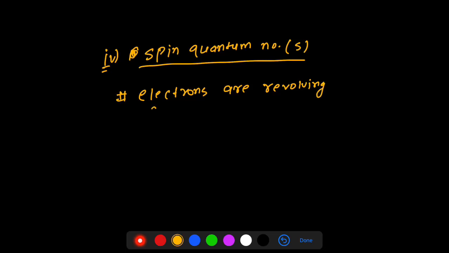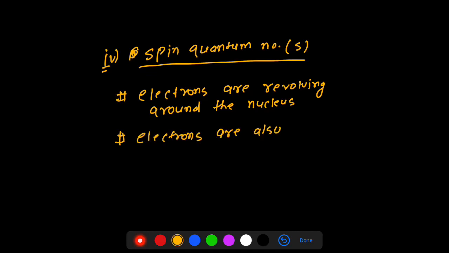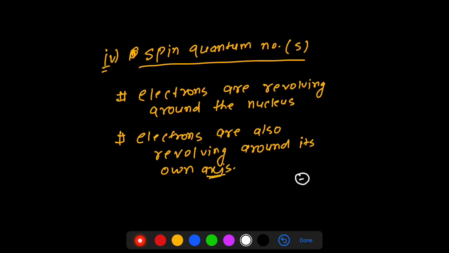Remember that electrons are revolving around the nucleus like the planets do, we know that, and electrons are also revolving around their own axis. What does this mean?